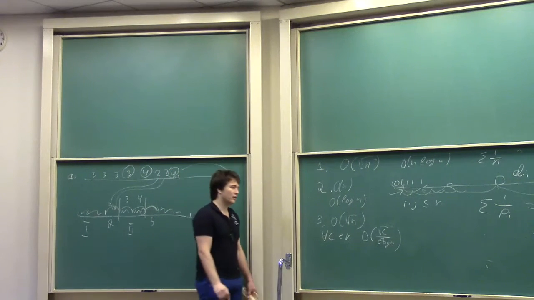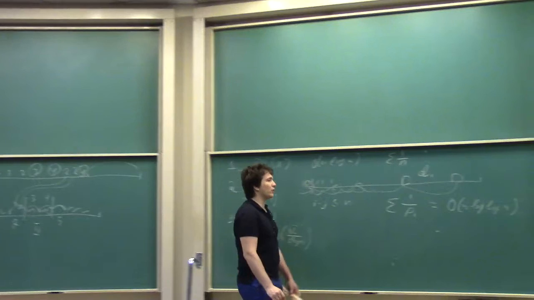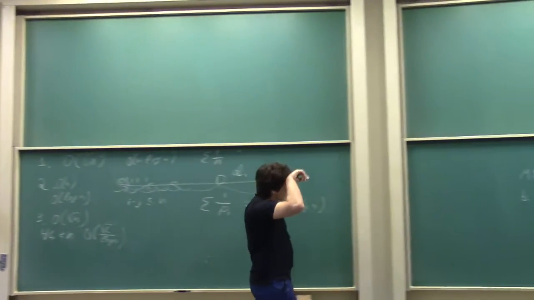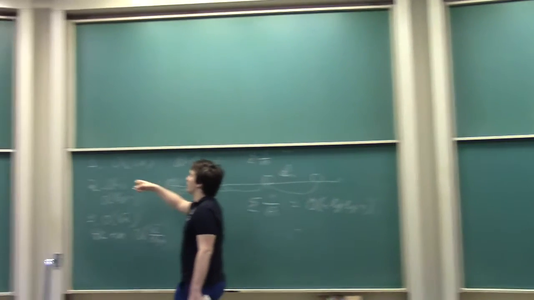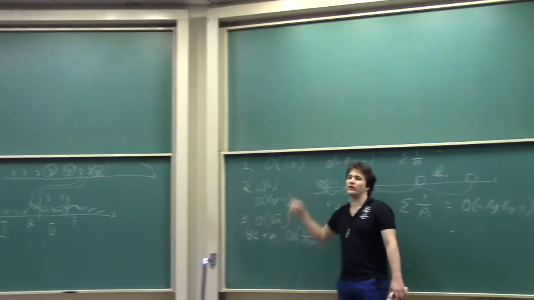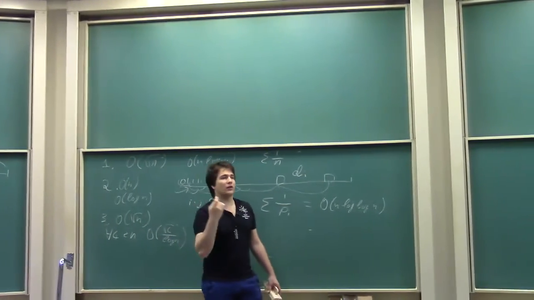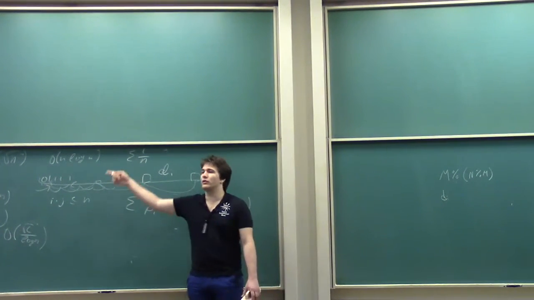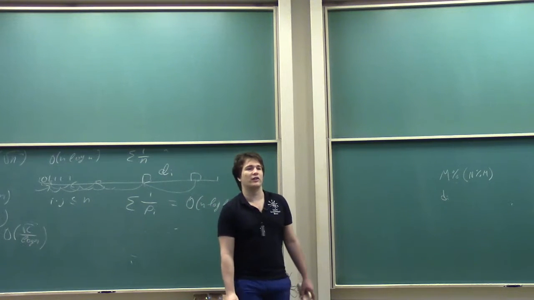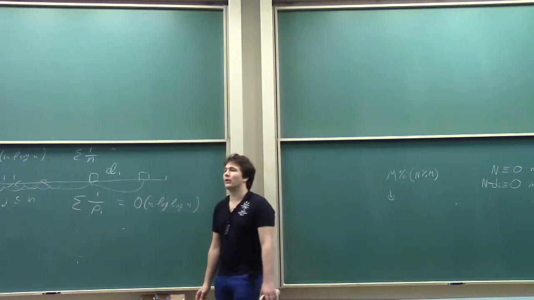So what's the idea? How does the simplest algorithm that checks whether the number is prime or finds factorization work? It just takes all the integers from 2 to square root of n and checks whether n is divisible by this number.